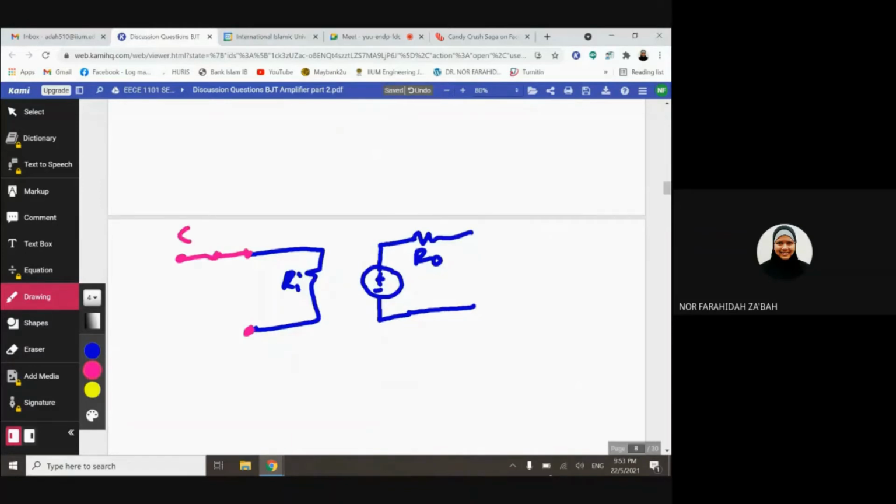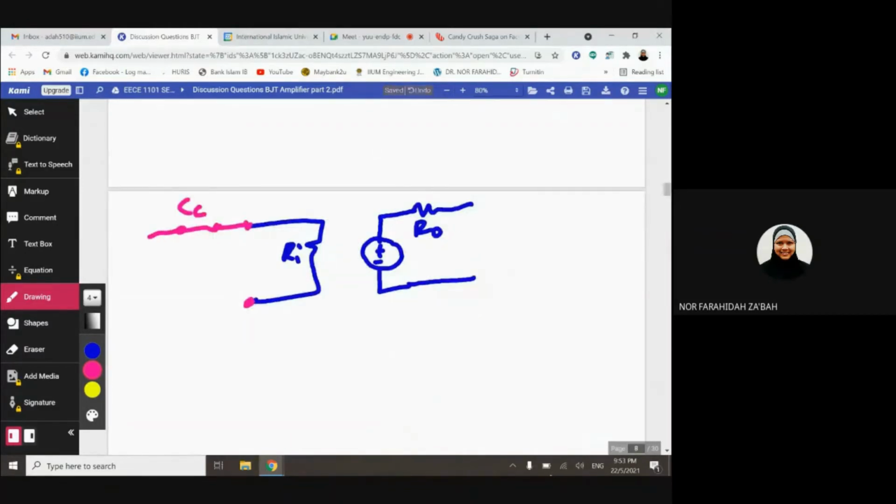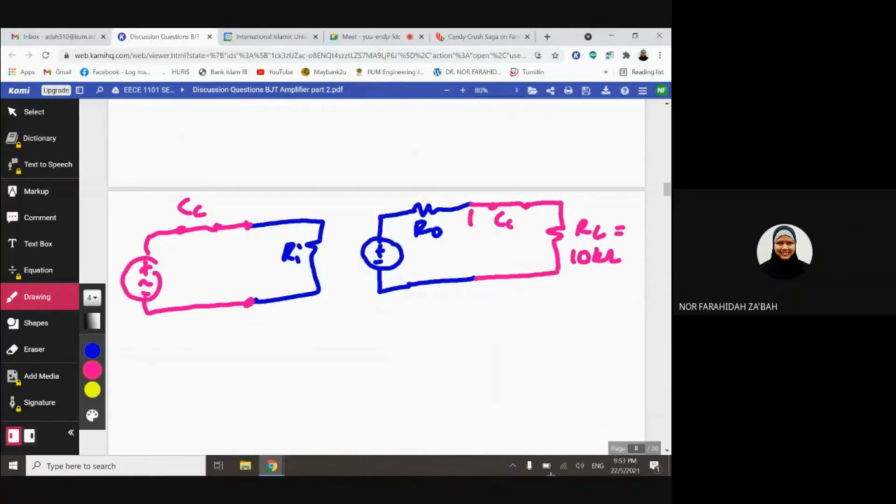So this is the coupling capacitor that connects with the input signal, so just directly connect to Vs. And then the other CC connects your RL, and this is 10 kilo ohm. So your V out is measured here, and this is my Vi. And this is my AVOC Vi.